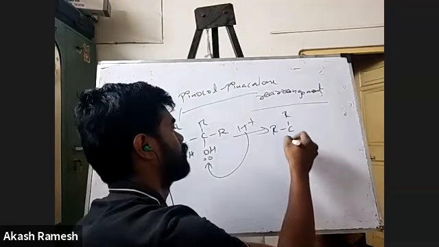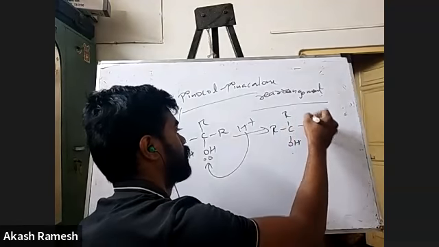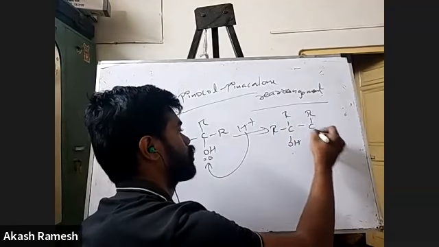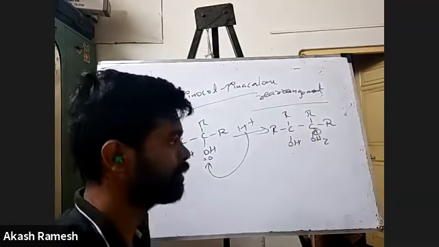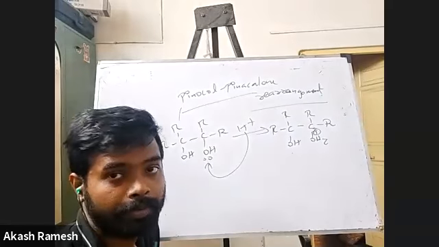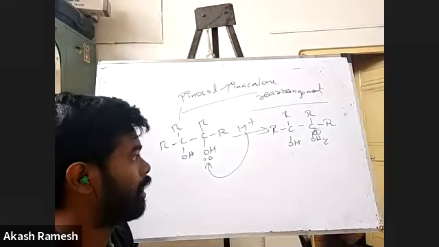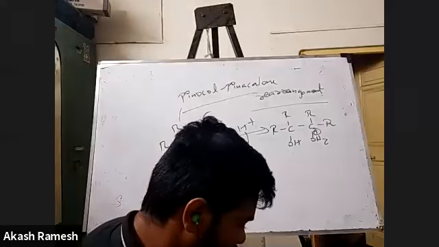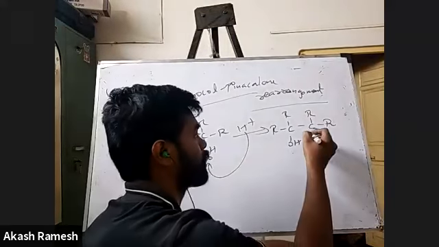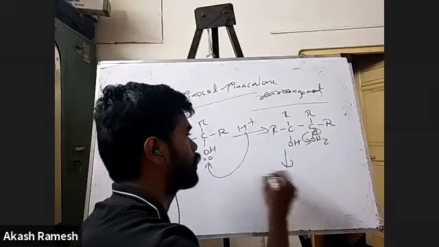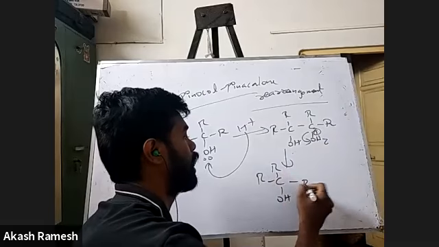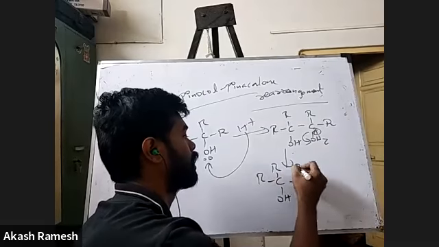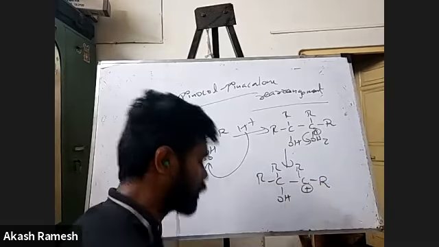This is R, this is OH, R, OH2 plus. Then obviously I'm going to remove this H2O. So what will you have? C, R, R with the carbocation.